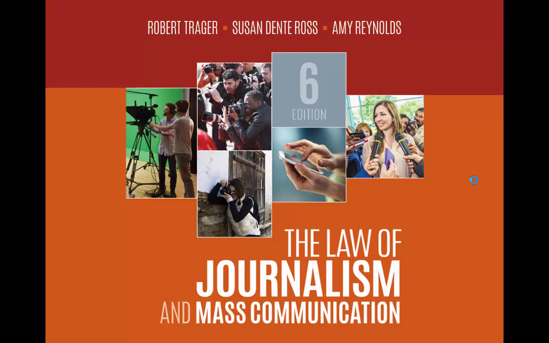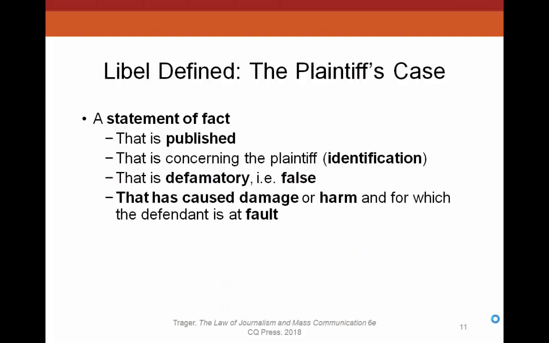Our last video, we were talking about one of the elements, which is publication, and now we're getting into the identification part, which is the second element. Again, the elements for libel: it's a statement of fact that is published, that is concerning the plaintiff, and that is defamatory, that has caused damage or harm, and for which the defendant is going to be liable.